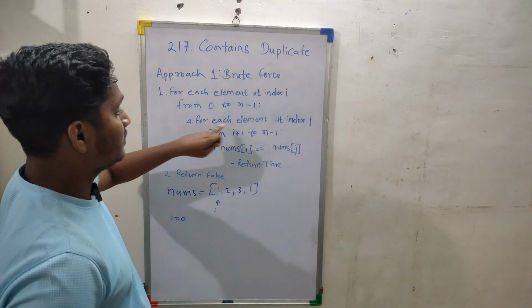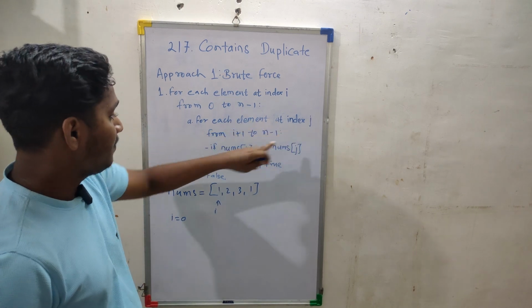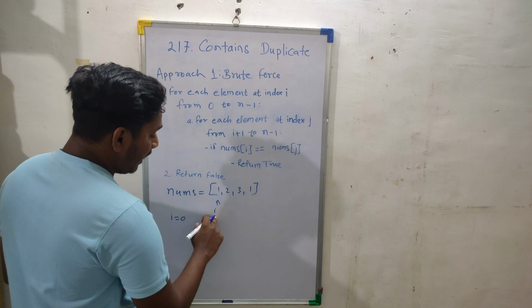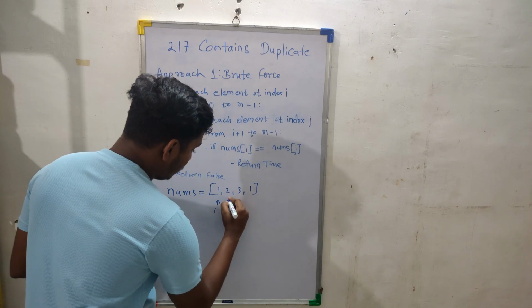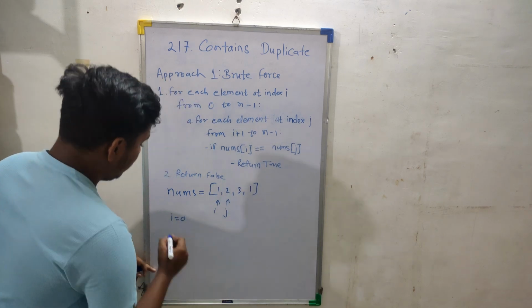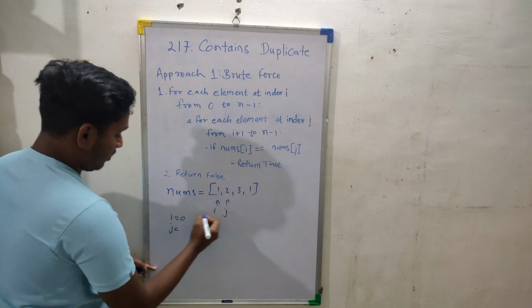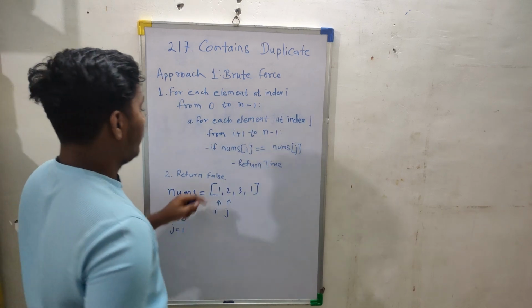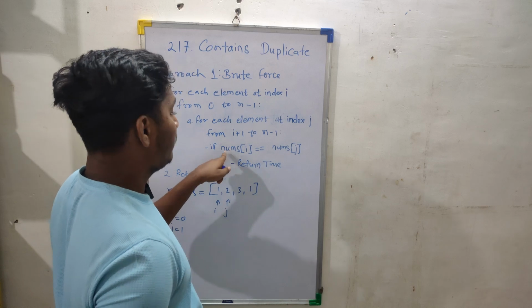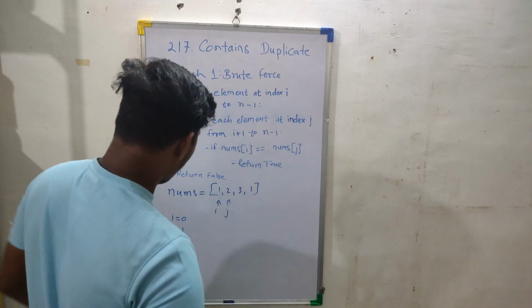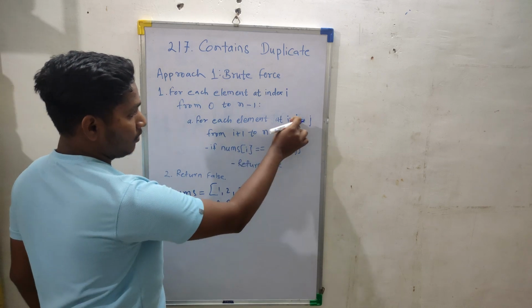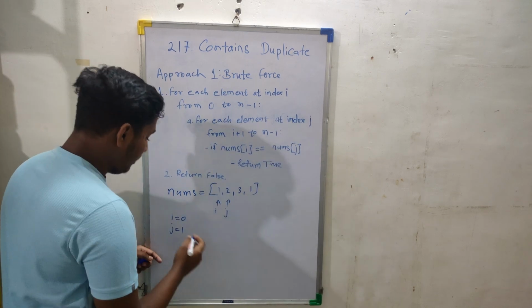Then for each element at index j from i plus 1, that means j is 1. We check if nums of i is equal to nums of j. They are not equal, so we increment j.